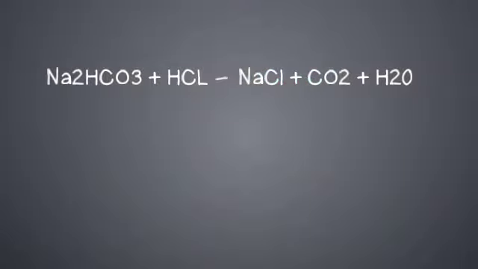A second example, of hydrogen carbonate: when we react sodium hydrogen carbonate with HCl, we get sodium chloride, carbon dioxide and water. This is our second property. When we react any acid with metal carbonate or metal bicarbonate, we get salt, carbon dioxide and water.